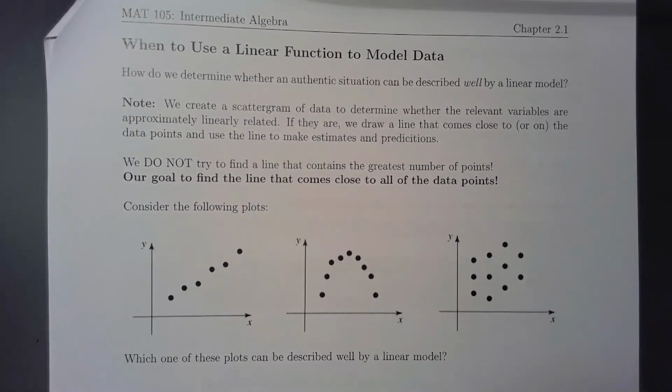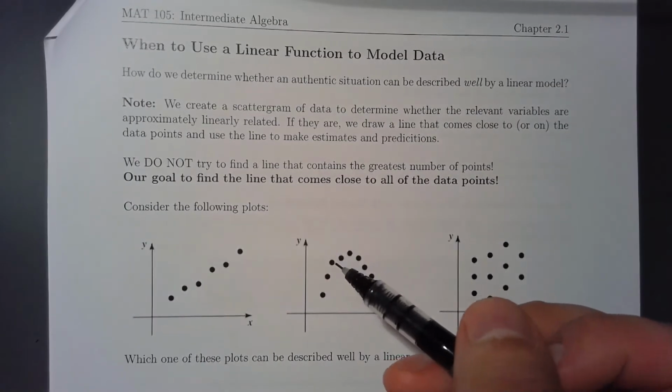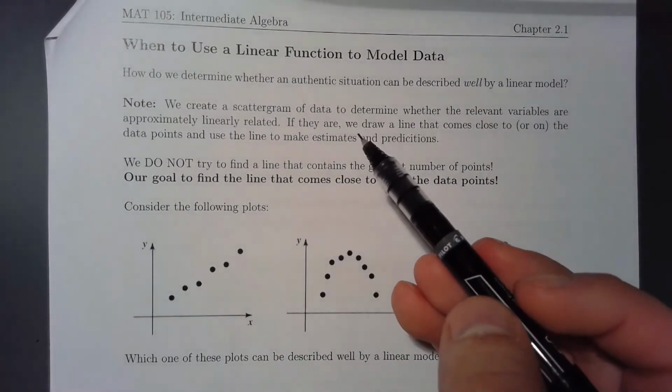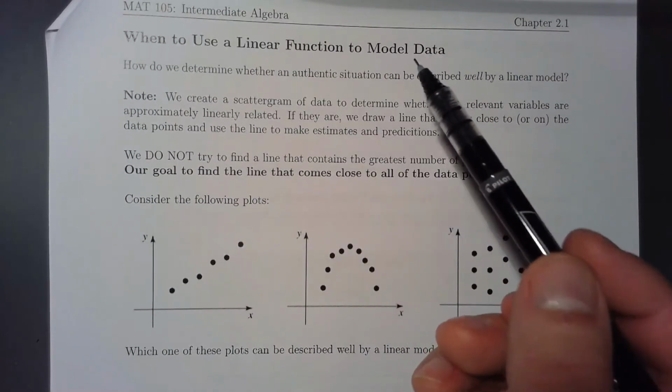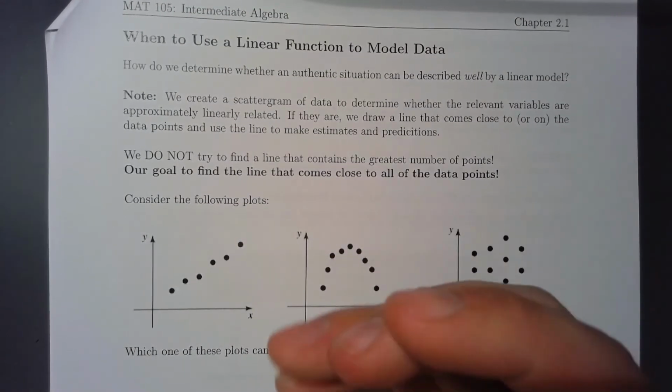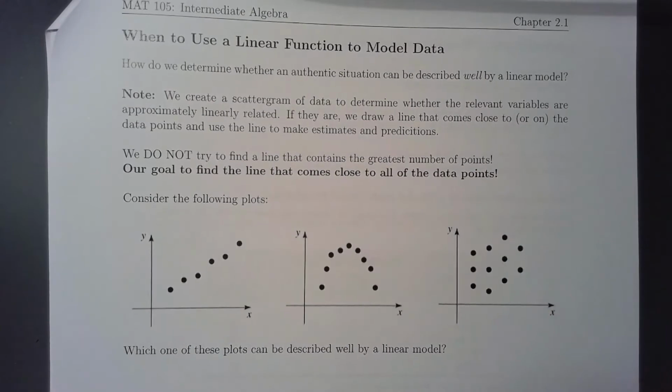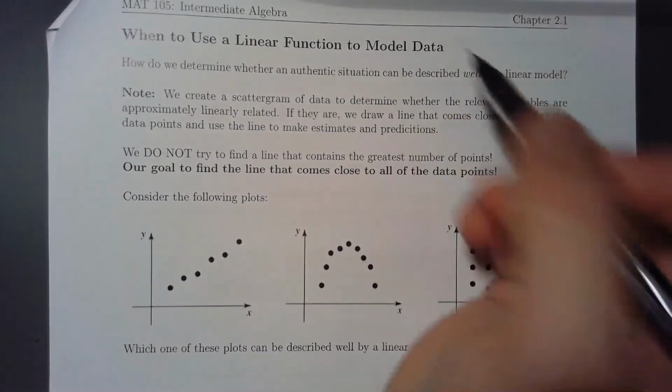So, remember how I mentioned a little earlier that there are all different types of modeling? The only modeling we're going to look at in this course is linear modeling. Well, I want you to be able to understand the difference between linear modeling and other types of modeling. How do we know a linear model is a good way to model the data?